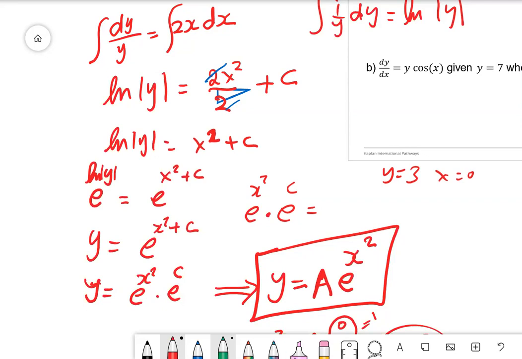What you can do, I think you can do it a bit differently maybe in these steps here. I didn't use the ln. I just integrated the dy over y. How did you integrate it? Dy over y is ln y. No, I didn't use the ln. Okay, send it to me and I'll have a look.